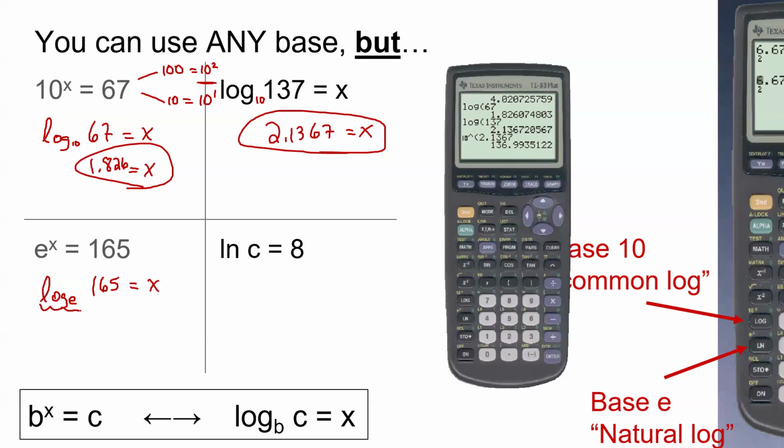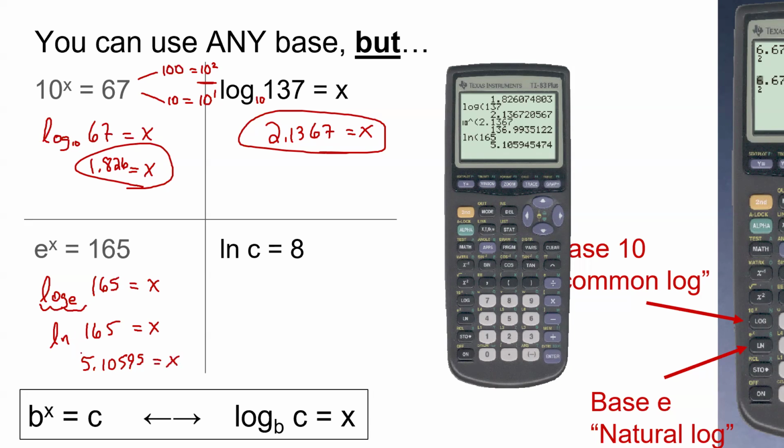Well, this log base e is what we call the natural log. So I've got the variable by itself. I can come in here and hit natural log 165, and it will go get that number for me. It's 5.10594, blah, blah, blah.